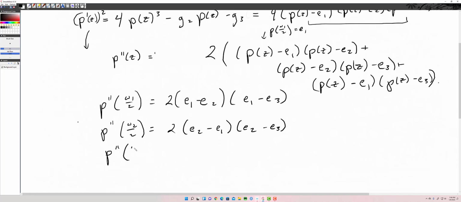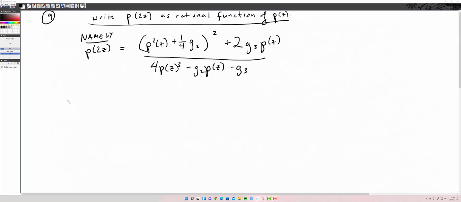Finally, this is going to give me E3 when I plug it into P. So this one's going to go to 0. This one's going to go to 0. This is going to be the only term that survives. So E3 minus E1, E3 minus E2. There you go.